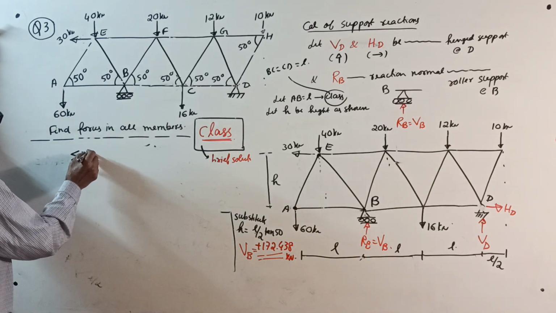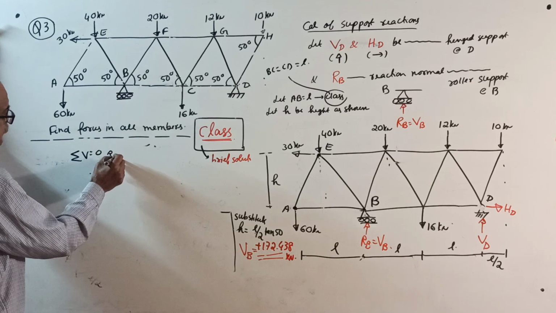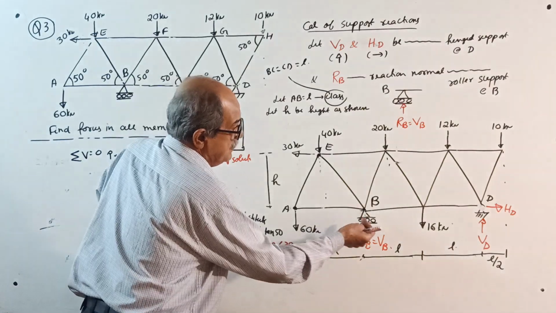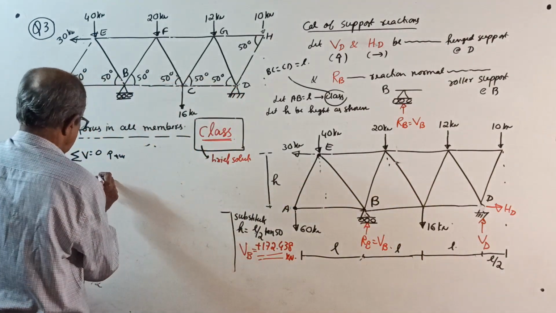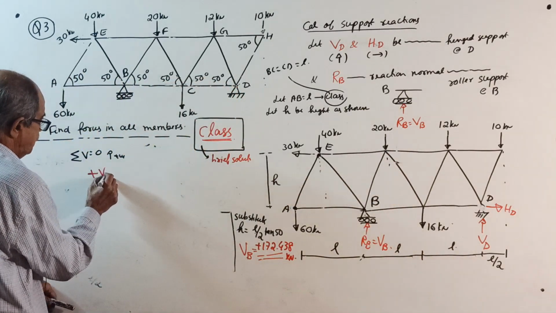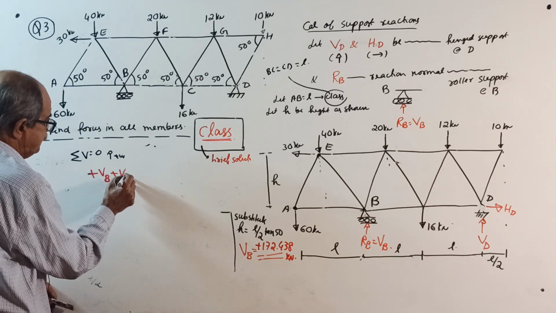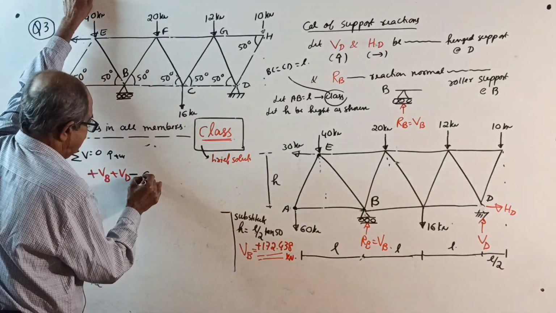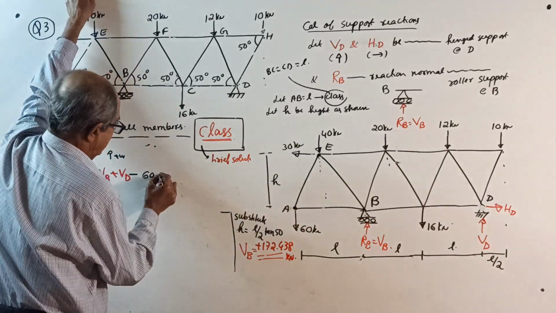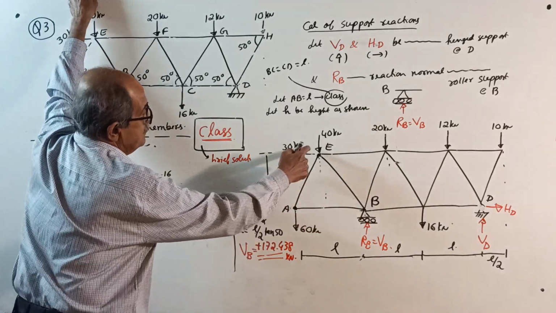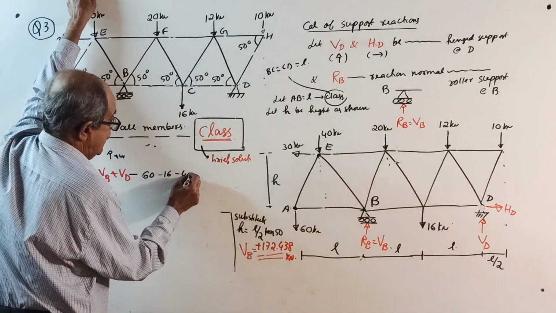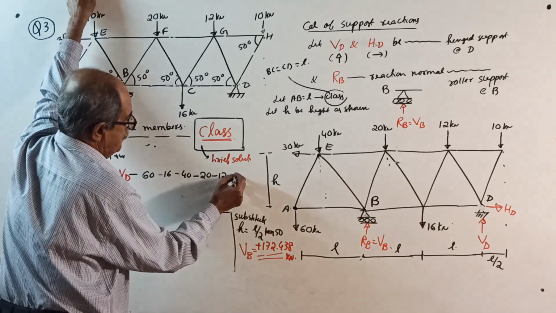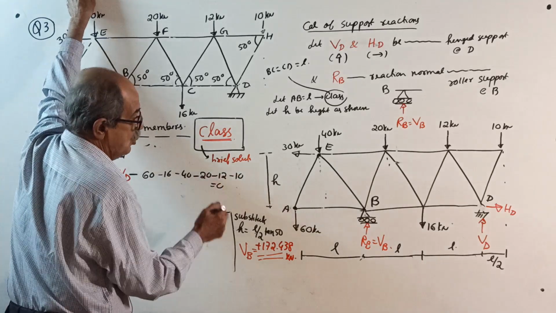Sigma V equals 0, take upward positive. What you get here? Plus VB plus VD, then minus, start from here, 60, minus 16 over, then come here, minus 40, minus 20, minus 12, minus 10 equals 0. All over.